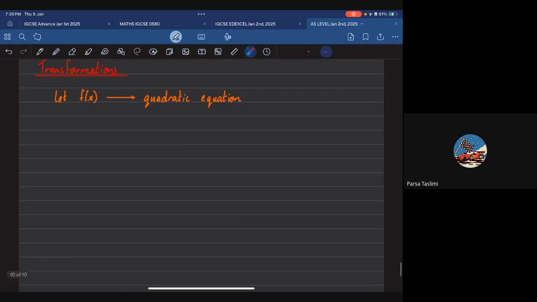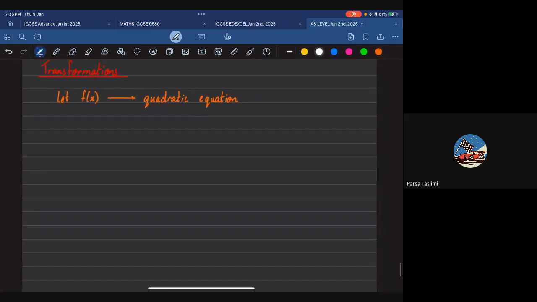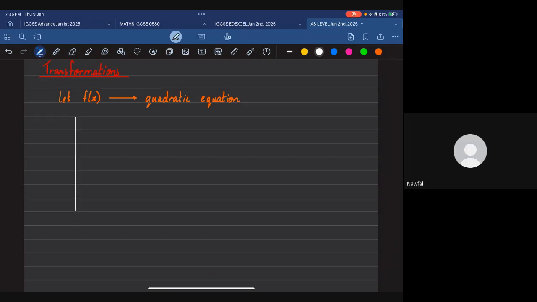Let's continue forward. We're also going to need to draw the graph.